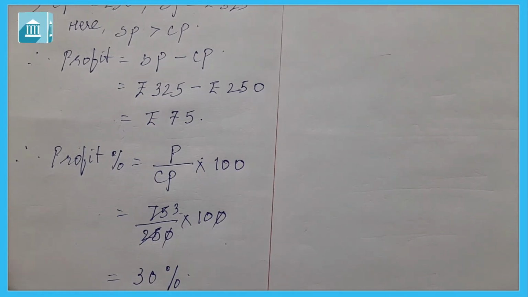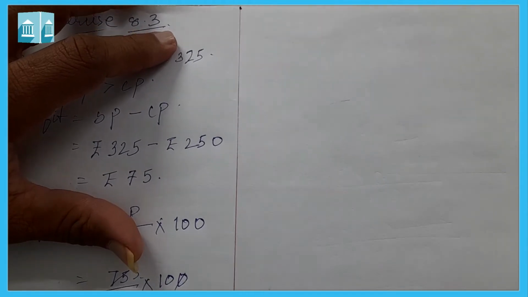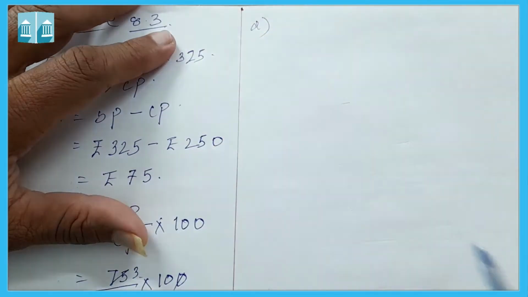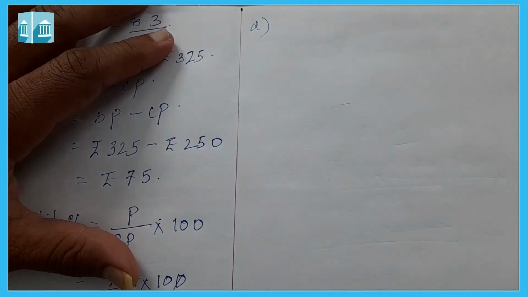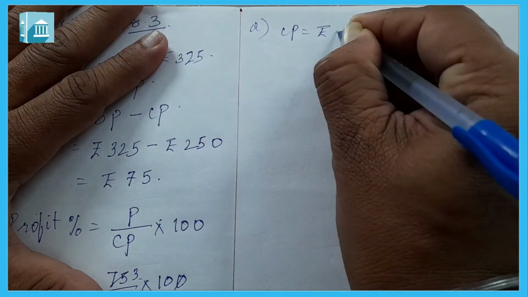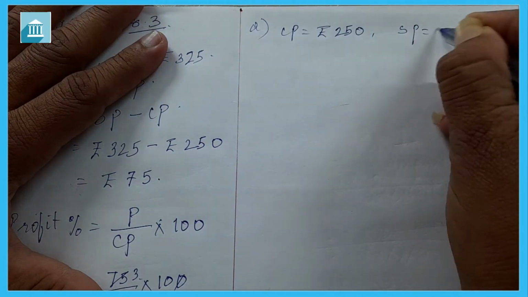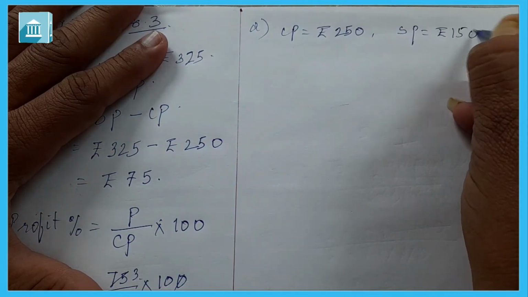Now let us see D of the same question, that is question number 1. Question D is a skirt bought for rupees 250, that is CP is given rupees 250, SP is given rupees 150.